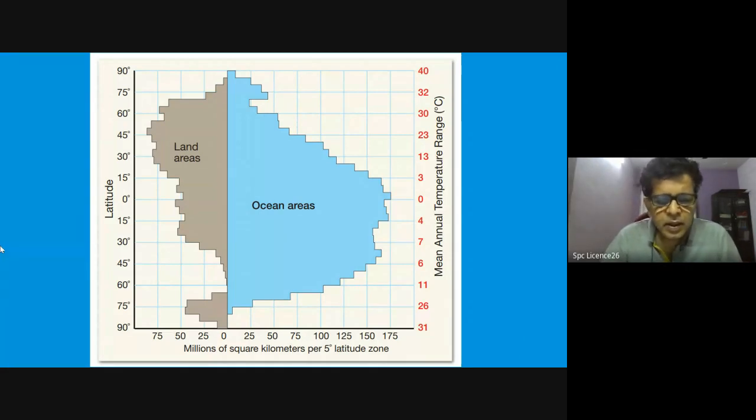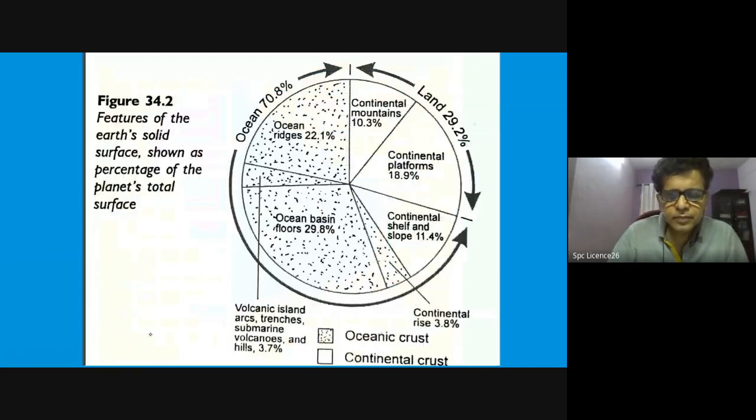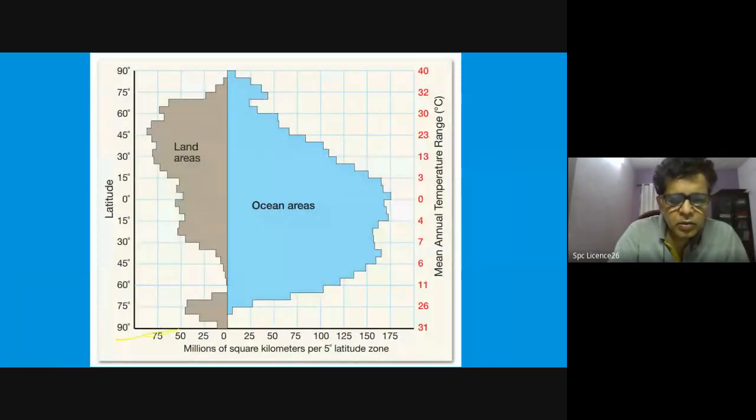Okay, on the x-axis here, you have this particular unit, which is millions of square kilometers. And then these are the latitudes: 0 to 15 south and north, 0 to 30 north and south, 45 north and south, 60 north and south, 75 north and south, and so on and so forth.